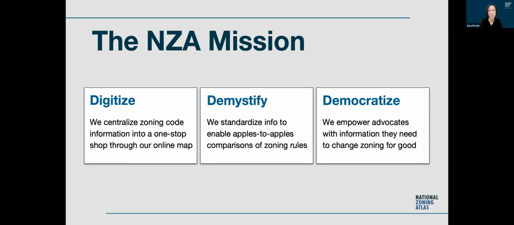And later in the presentation, you'll see a comparison of just a few places at the local level, at the metro area level, and although we'll focus on the statewide level, we just want to show you that what we are trying to do is enable you to compare one New Mexico city to another. And to democratize zoning, what we mean by that is really empowering people to use this information to then change zoning.